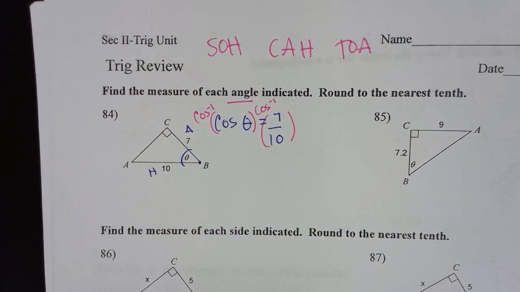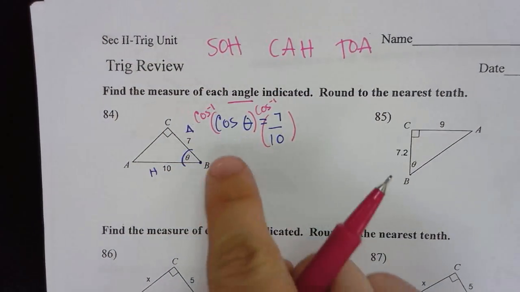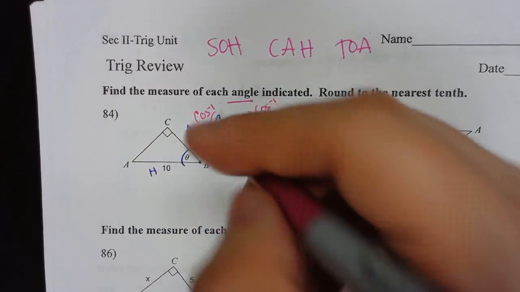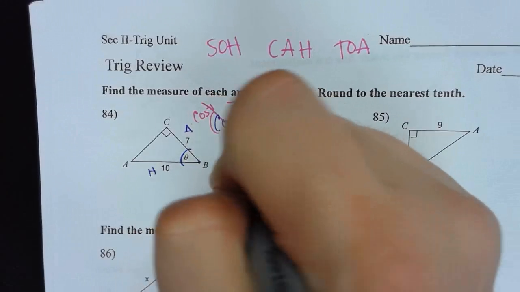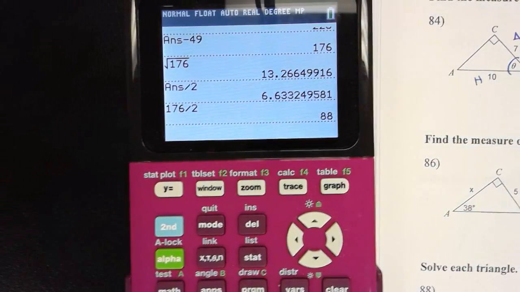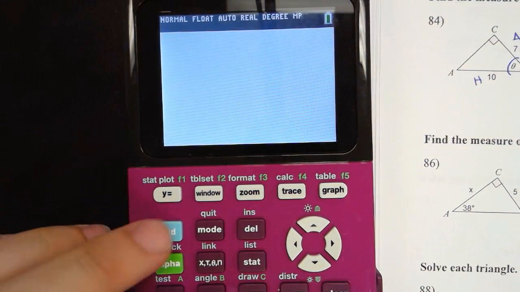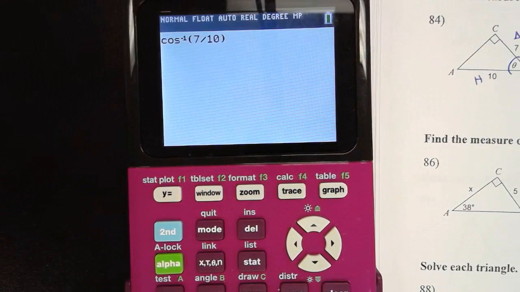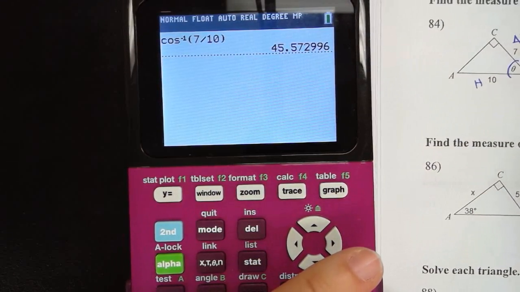It's the -1 thing, which we don't say because that's not the right terminology, but that's what it looks like. Cosine inverse and cosine will cancel. Theta will be by itself, and this is how you plug it into your calculator. You will say cosine inverse of 7 divided by 10, 45.6 degrees.